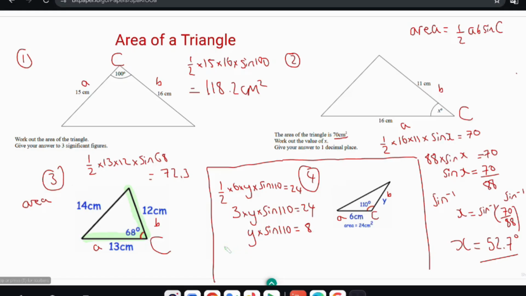And now I'm going to divide both sides by sine 110, which gives you y is equal to 8 over sine 110. So y is 8.5.